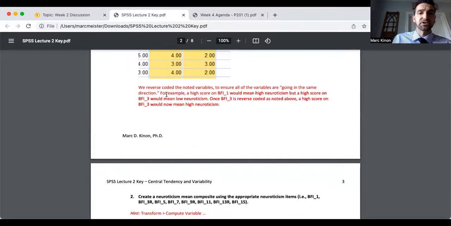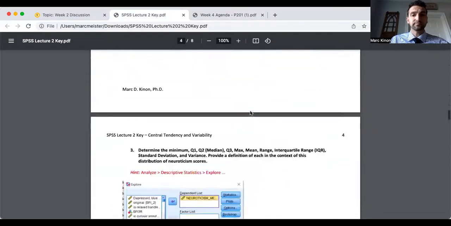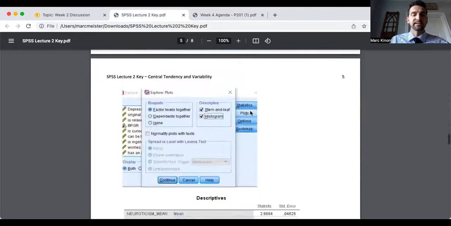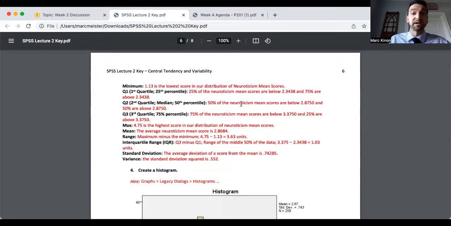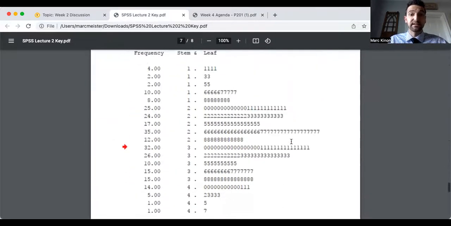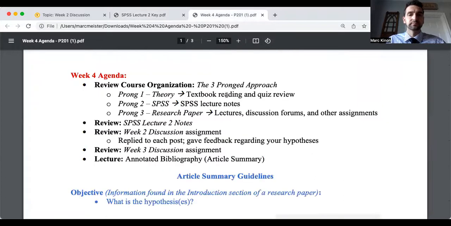So you see this interpretation in red here, okay? And for some of the questions, you don't have to write anything down, but other ones, look, there's a bunch of interpretations here for understanding descriptive statistics, and so on and so forth. So I think you understand that. This being said, let me know if you have any questions.